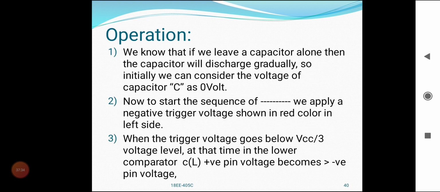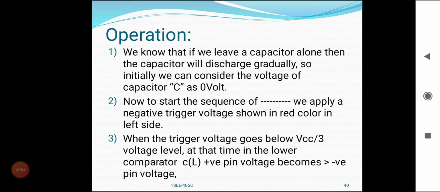Operation. We know that if you leave a capacitor alone, the capacitor will discharge gradually. So initially we can consider the voltage of capacitor C as 0 volts.